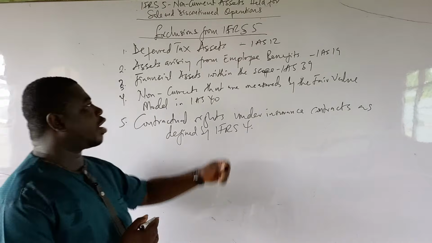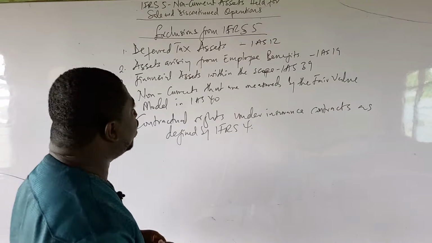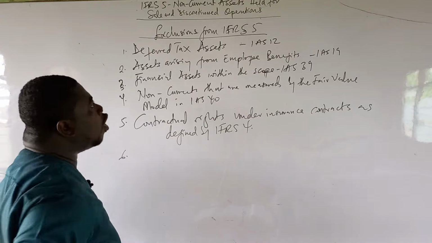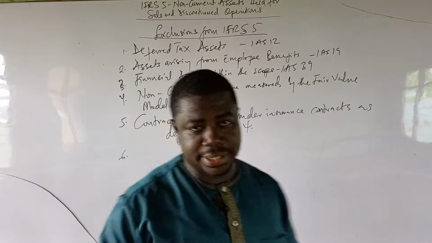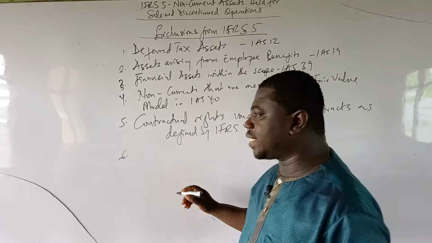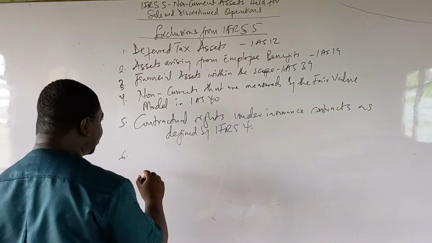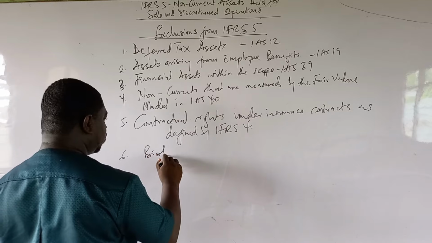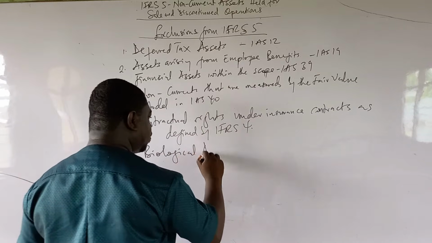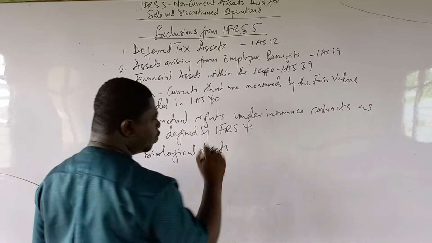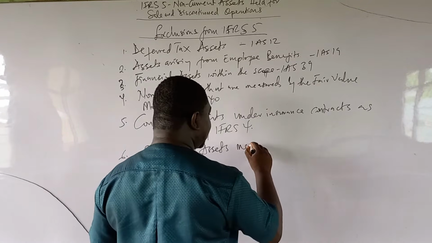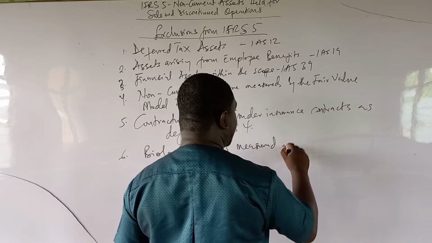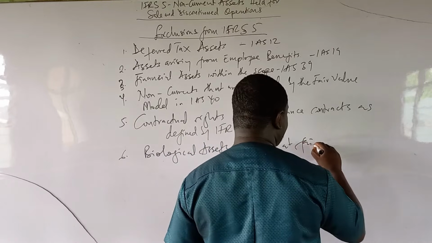So these contractual rights will also be excluded from the measurement provisions of IFRS 5. And then finally, we can look at biological assets. Biological assets within the scope of IAS 41, measured at fair value less cost to sell.